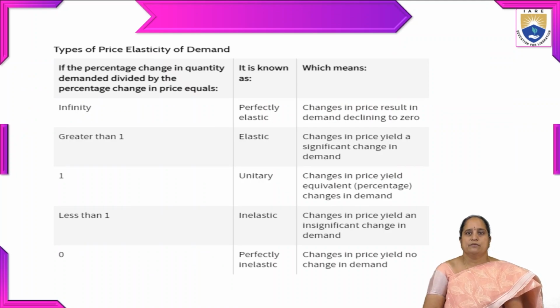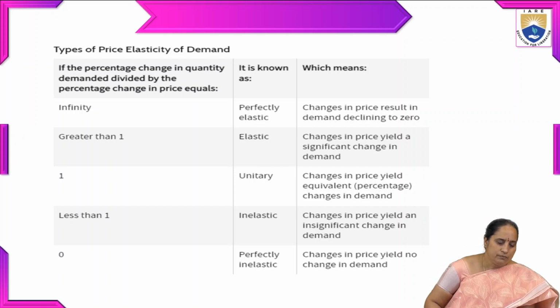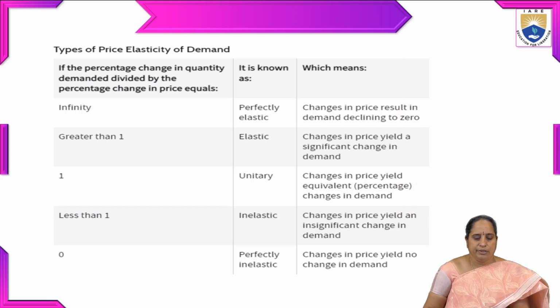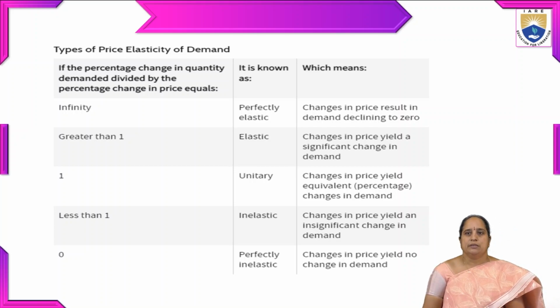Then coming to the types of price elasticity of demand. Infinity is perfectly elastic. It means that changes in price result in demand declining to 0. Greater than 1 is known as elastic demand: changes in price yield a significant change in demand. Then comes 1, unitary: changes in price yield equivalent percentage changes in demand.